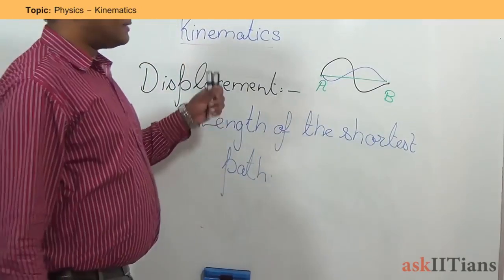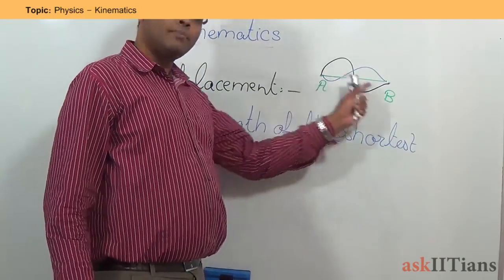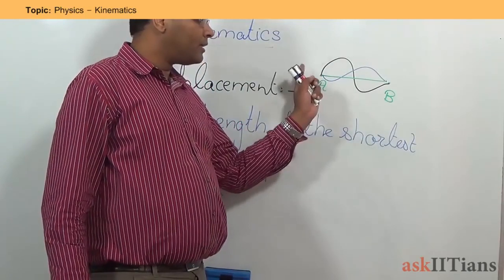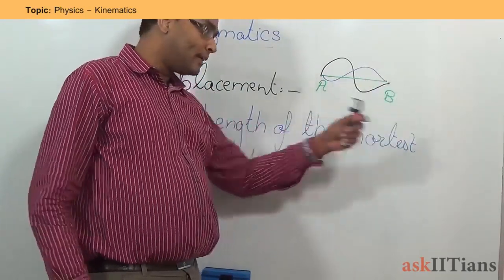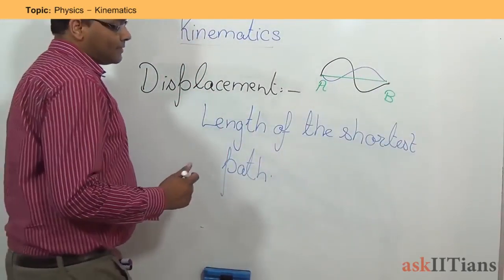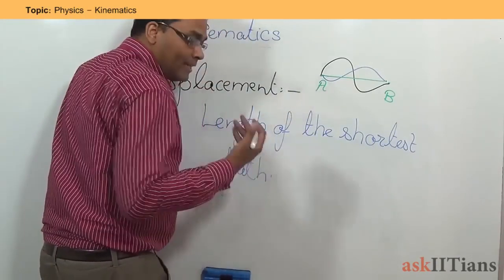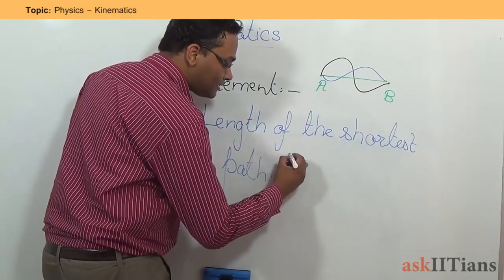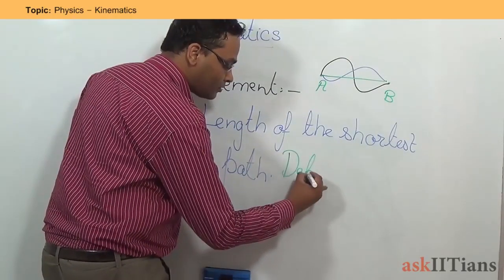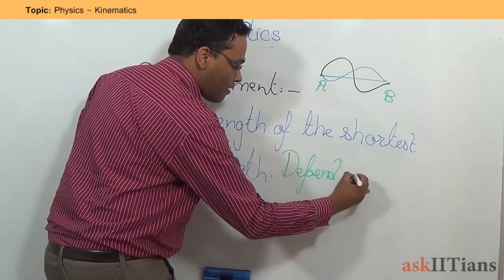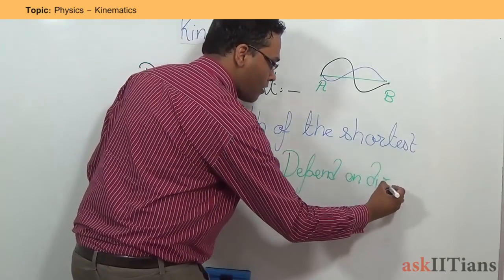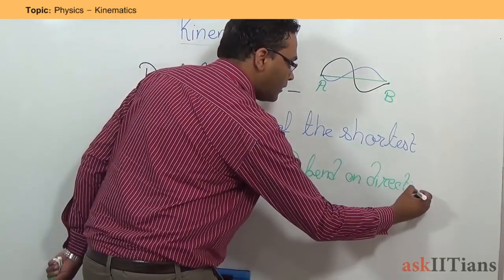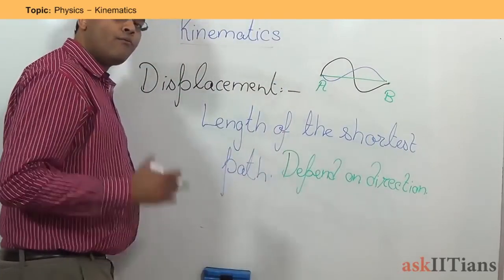Therefore, there is no ambiguity in the choice of the path going from the point A to the point B. But this does depend on direction. So this is actually a vector quantity.